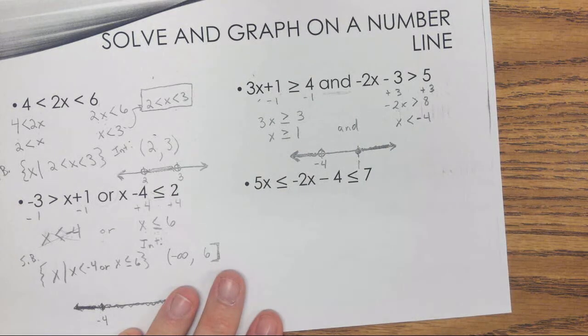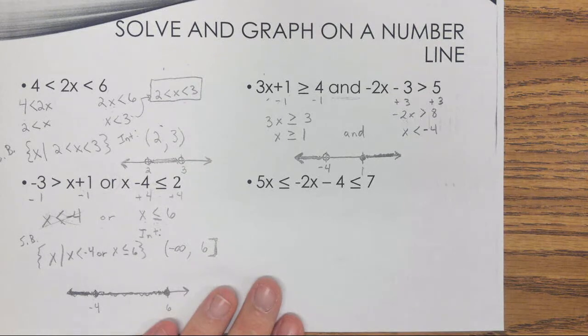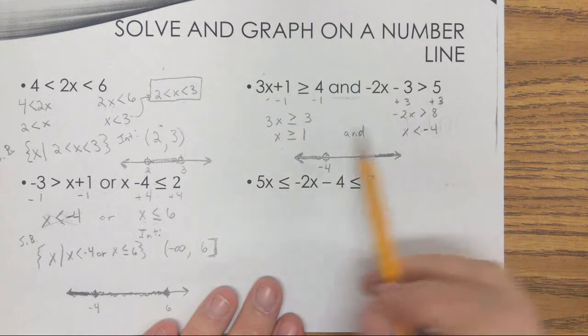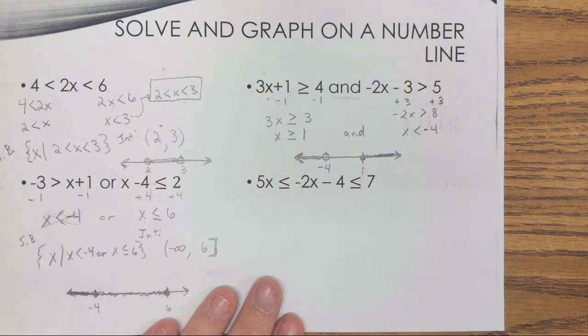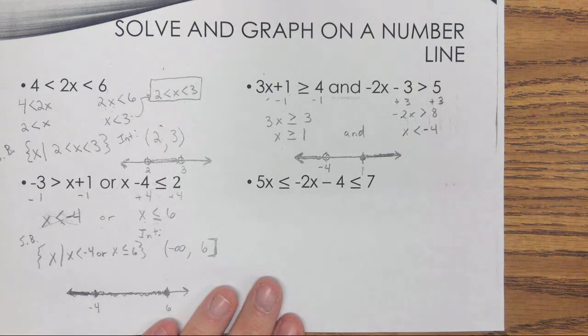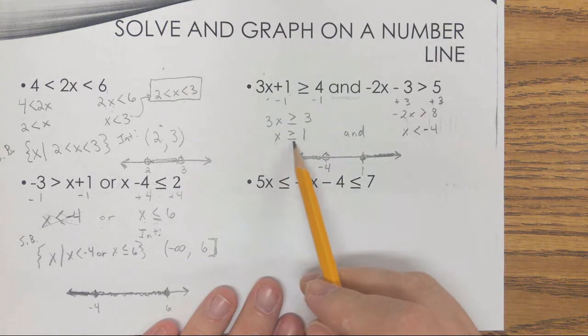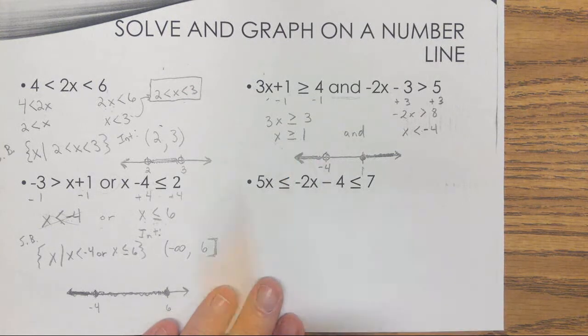Now my question here is what is the solution here? Remember that this is the and, so both of these have to be true. Well, let's pick a number up here. Let's say 2. If I plug 2 into this, obviously 2 is greater than 1.